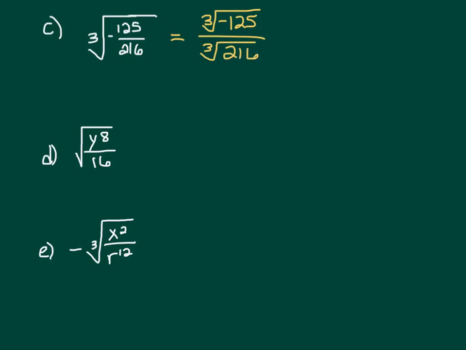Notice that I didn't put a negative on the top and the bottom. I just picked one of them. The negative, you're either going to put it with the 125 or the 216, but not both. The cubed root of negative 125 is negative 5, and the cubed root of 216 is 6.